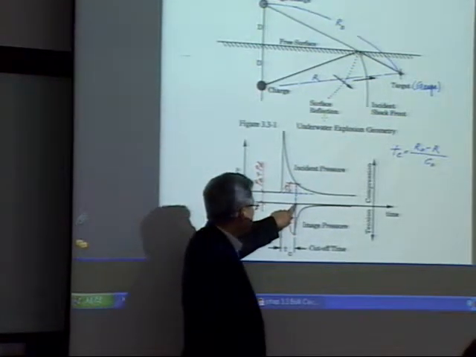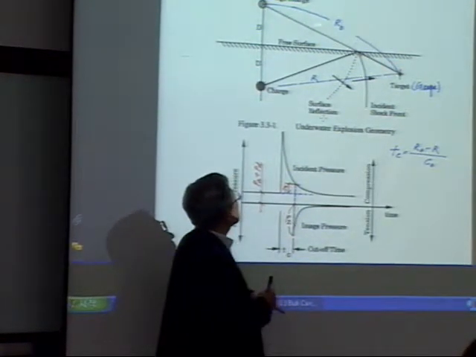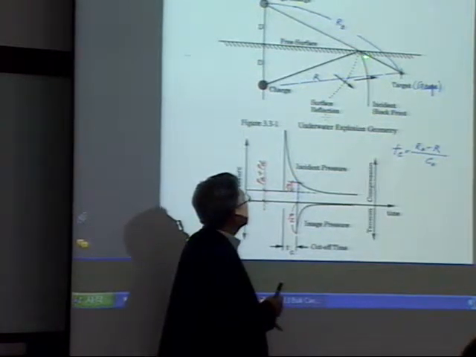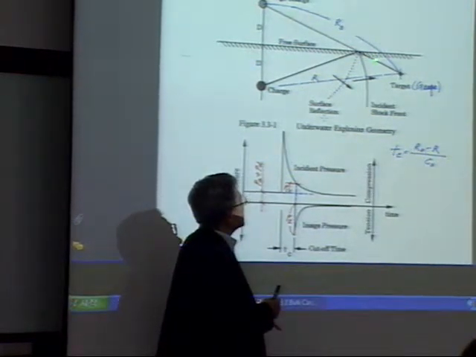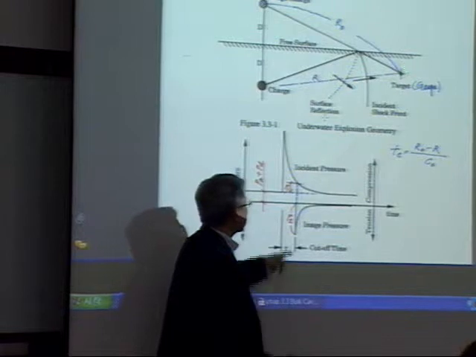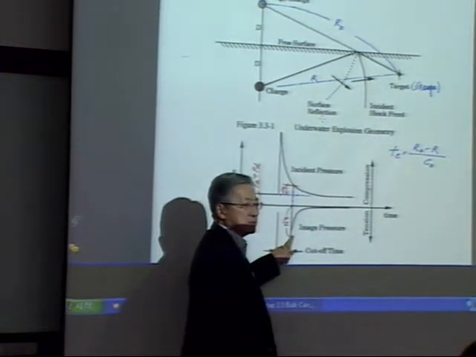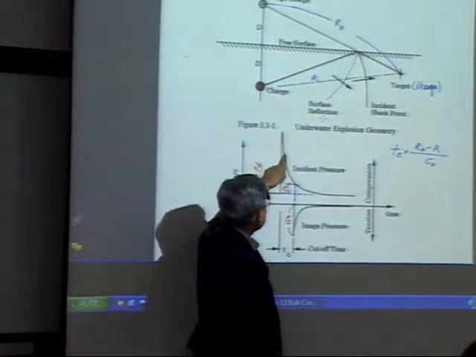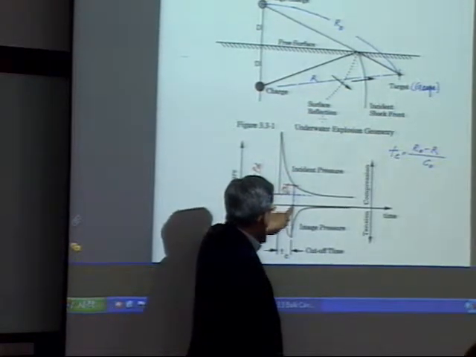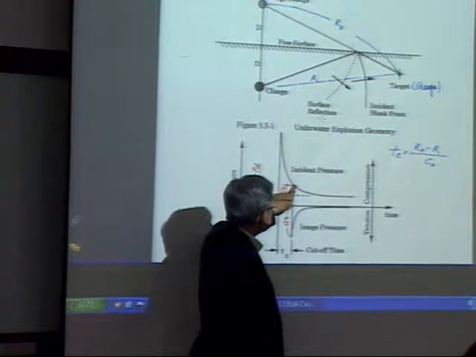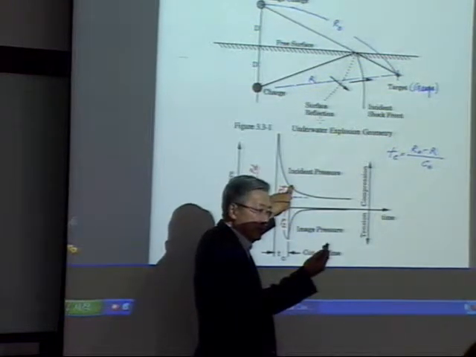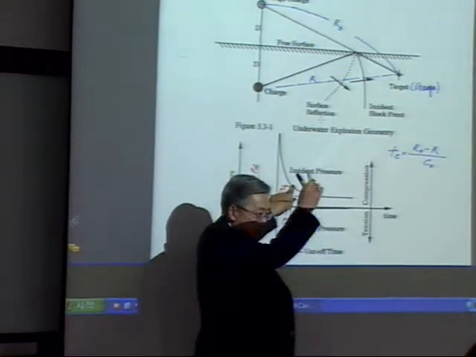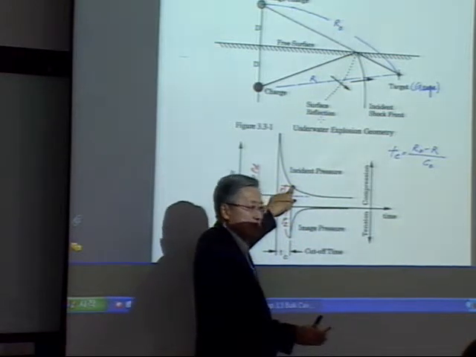The negative pressure due to the tension wave here is P2. So when the rarefaction wave hits that point at TC, then suddenly, as you look at the measurement, the pressure profile comes down and cuts.